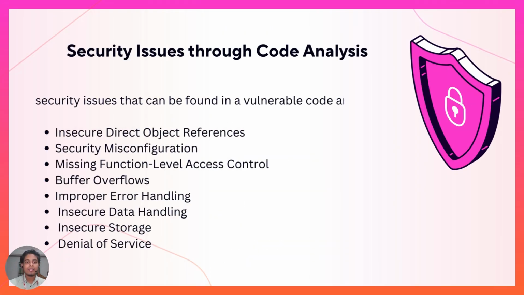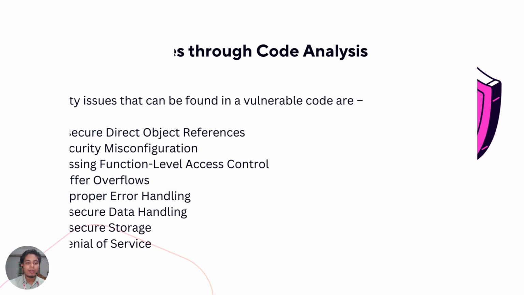And my next slide is about security issues through code analysis. There are various kinds of security issues that may occur, like insecure direct object reference, security misconfiguration, missing function level access control, buffer overflow, improper error handling, insecure data handling, insecure storage, and denial of service.